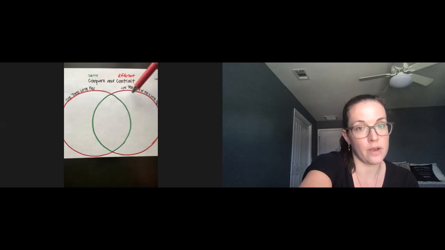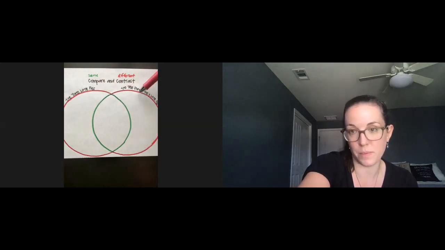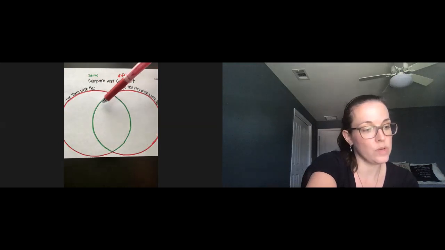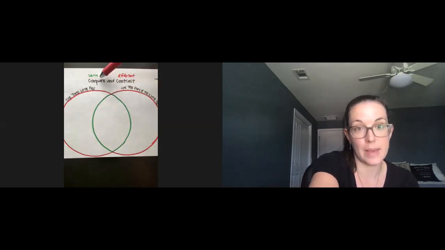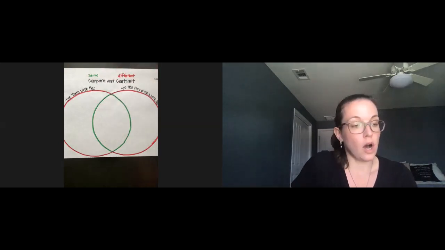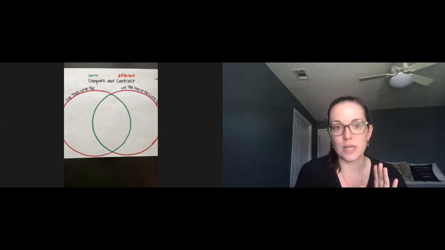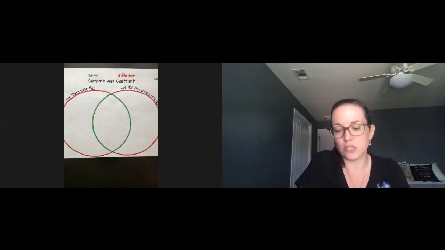In this red area, we would put things that are only in the true story of The Three Little Pigs. And then this green area that overlaps is where we put ways that they're the same. They're in both stories. So on the worksheet that I posted, there are a lot of options, and we'll go through those options, but I'm sure you can also think of your own similarities and differences that aren't even on that worksheet. So let's get started.